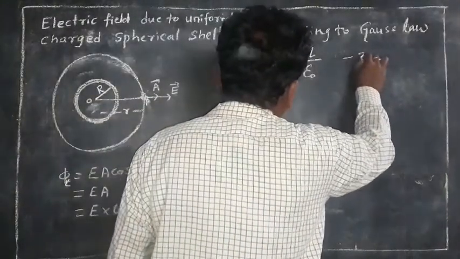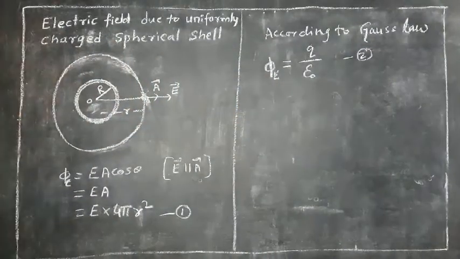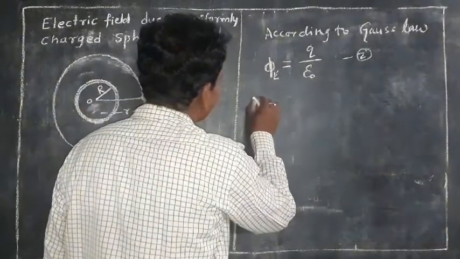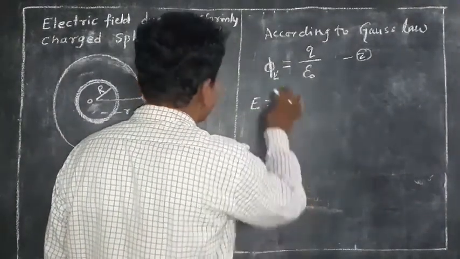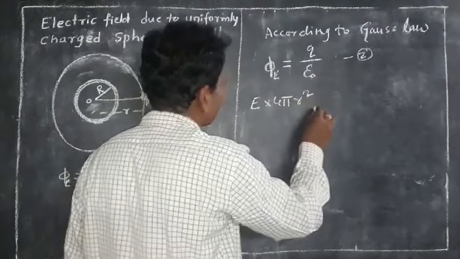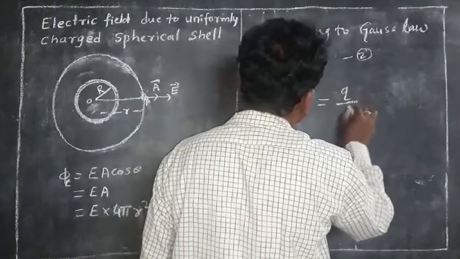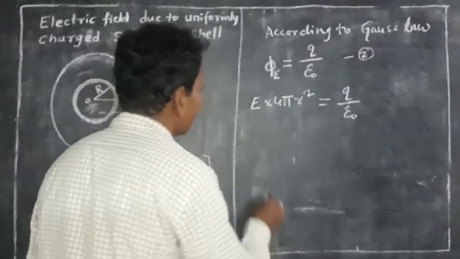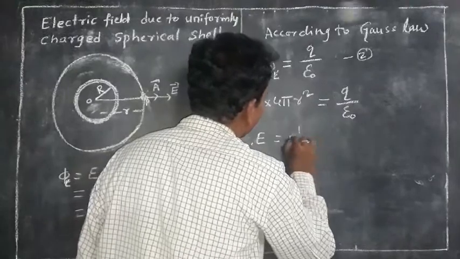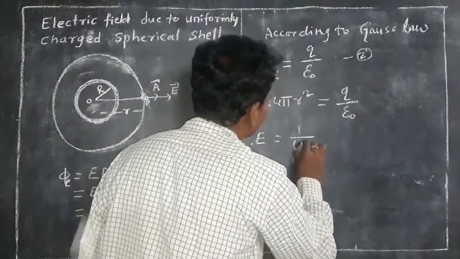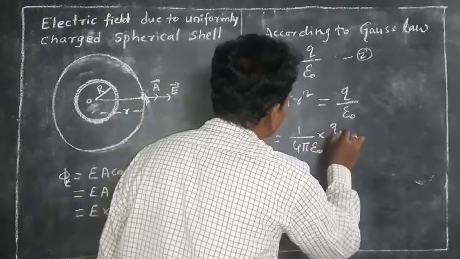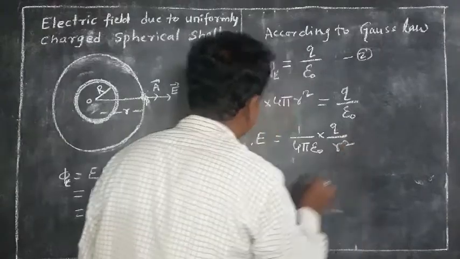Consider this as equation 2. Now comparing equations 1 and 2, E into 4 pi r square is equal to Q upon epsilon naught. Therefore, E is equal to 1 upon 4 pi epsilon naught into Q upon r square.